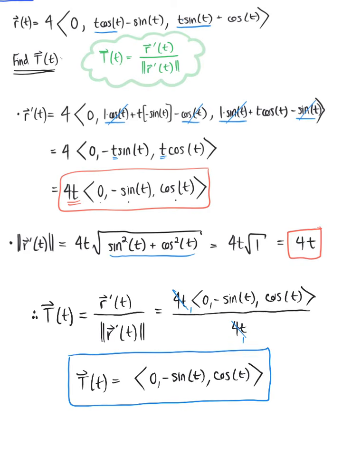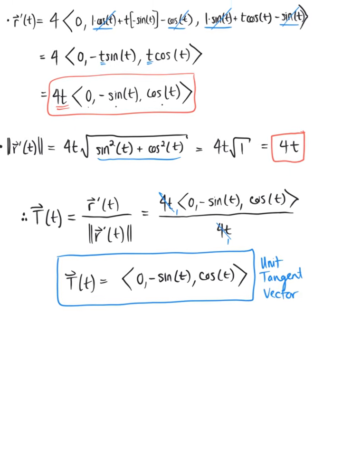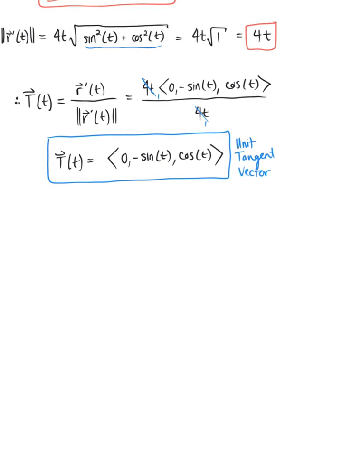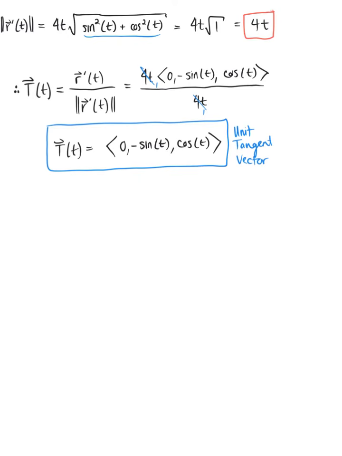So now that we have the unit tangent vector, we're ready to go ahead and use this to find the curvature. So let's give ourselves plenty of room. So part 2, find the curvature.